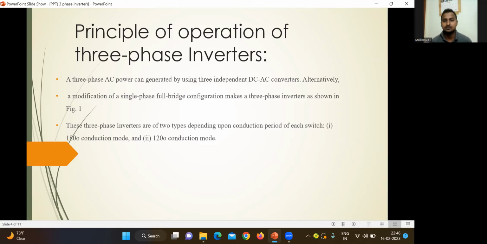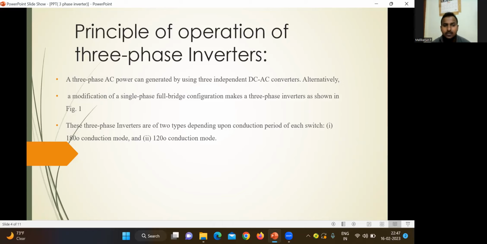We are going to see that in the circuit diagram, and we just now discussed 180 degrees and 120 degrees. So 180 degrees conduction mode means in the three phase inverter, we are using six thyristors and 6 diodes.